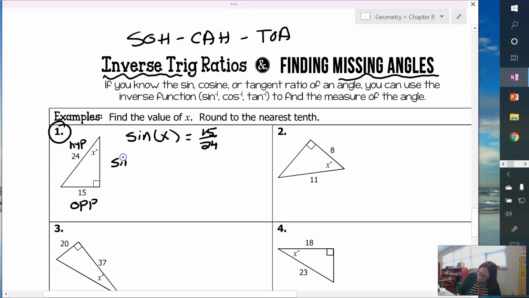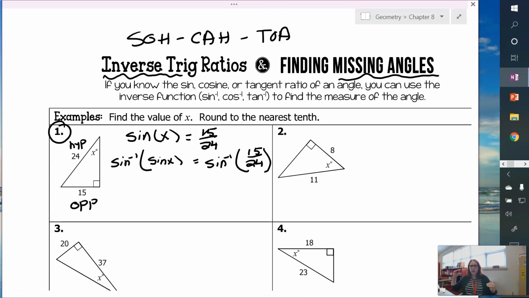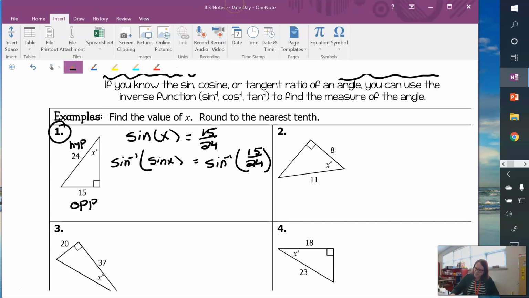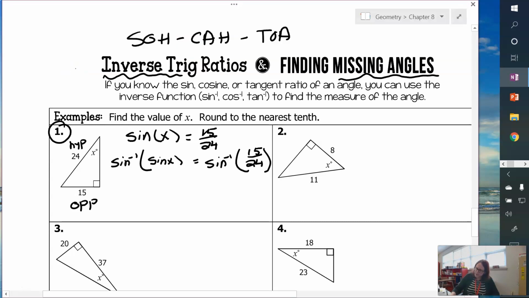So the inverse sine of the sine of x is going to equal the inverse sine of 15 over 24. I have to inverse sine both sides. This is an equation. What I do on one side, I have to do on the other. Now, when I inverse the sine of a sine, that means it undoes itself, so that x comes out of all of that. So I get x equals inverse sine of 15 over 24.